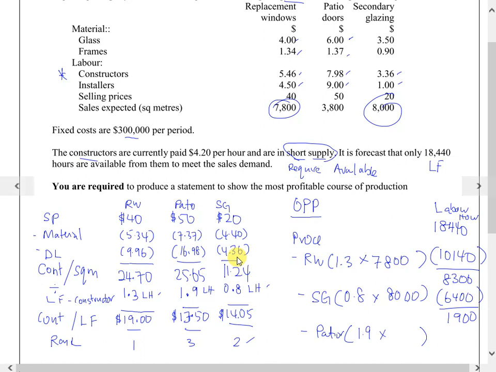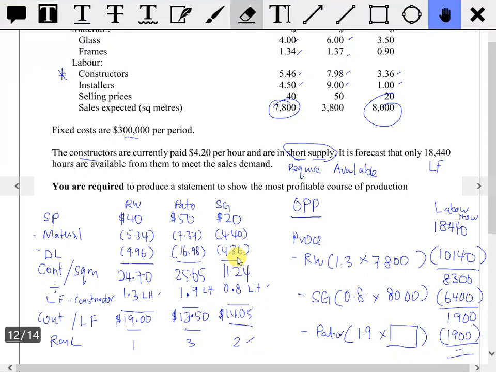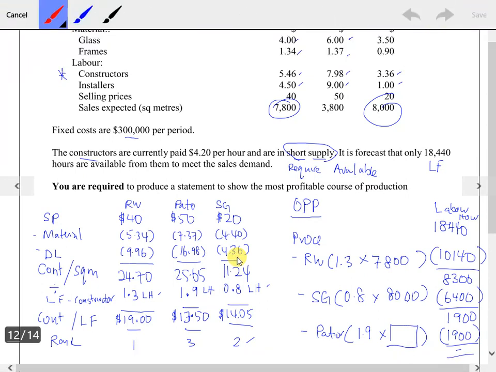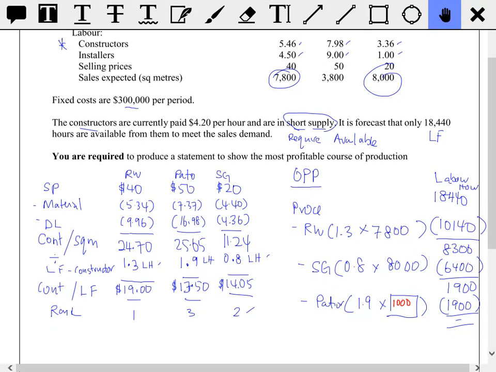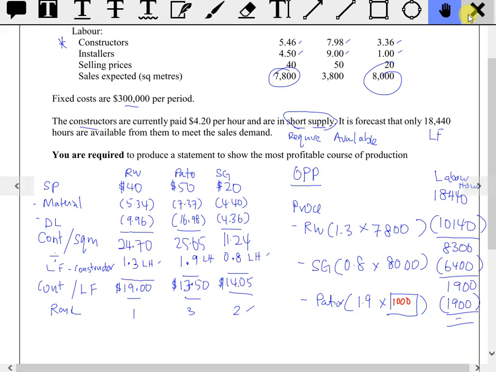Not enough. So work backward. I can only produce 1,000 units. Okay, optimal production plan done.